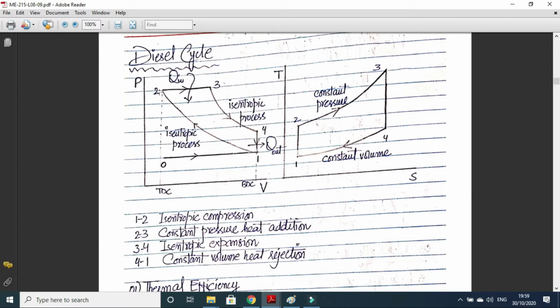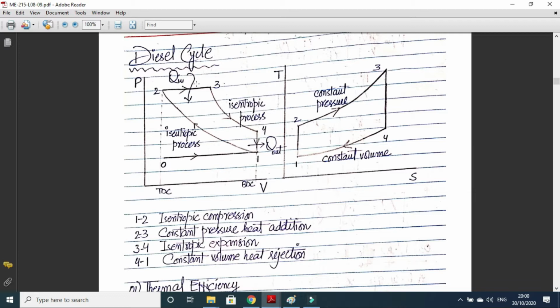Now here V2 will not be equal to V3. Contrary to this, P3 will be equal to P2, that is, pressure at 3 will be equal to pressure at 2, and volume will increase. So V3 and V2 are not equal. As you know, when we compress air and inject fuel, volume will increase during the heat addition process.